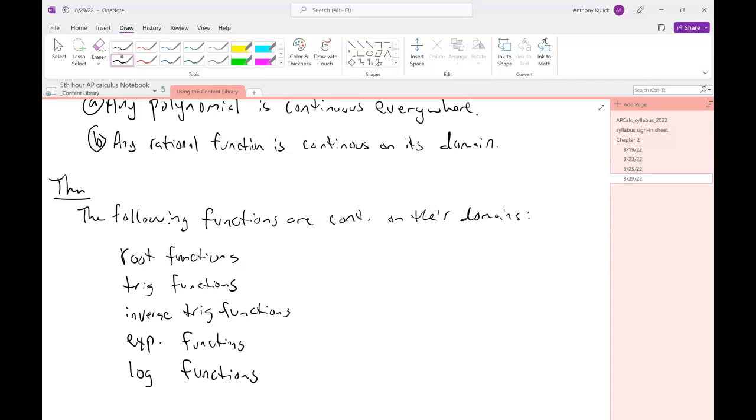Basically, everything that you've seen from Algebra 2, Trig, and Pre-Calc constitutes a continuous function. And if you combine them together, it's still continuous over the intersection of the domains, which is quite helpful.